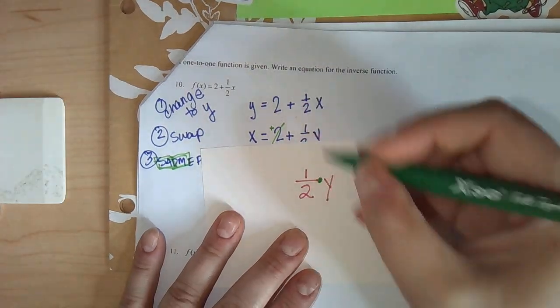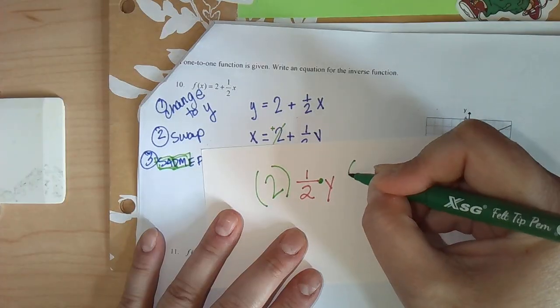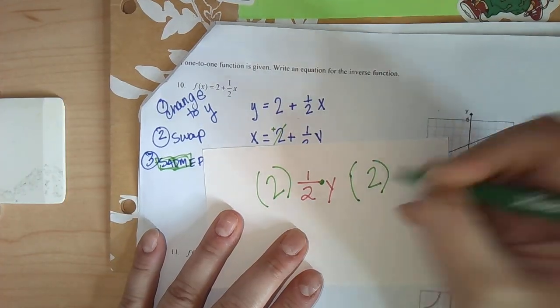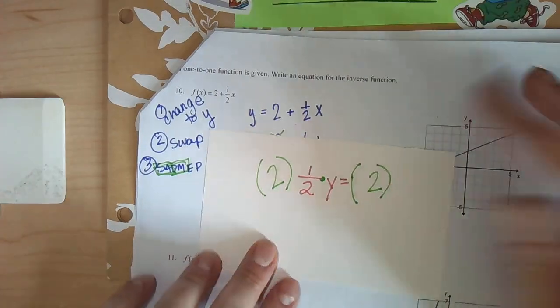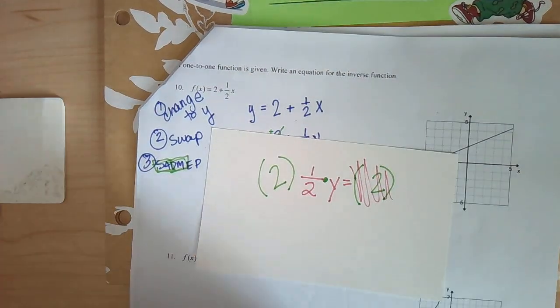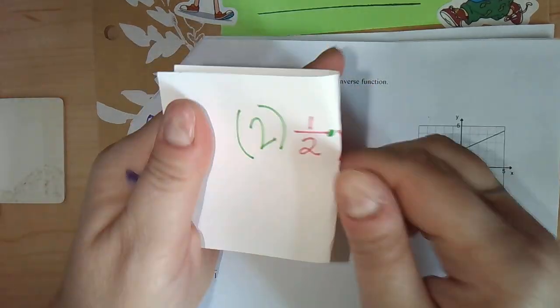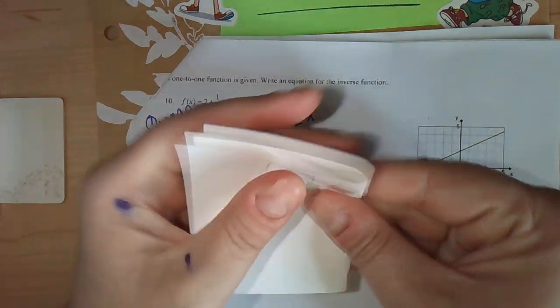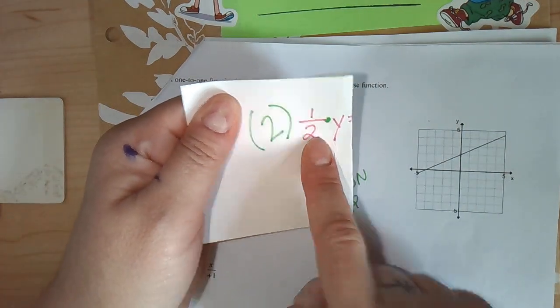So to get rid of that 1/2, you're going to multiply by 2 on both sides of whatever's happening. Just don't ignore that part. Whatever is on the bottom of your fraction, if you want it to disappear in an equation, you multiply by what's in the bottom.